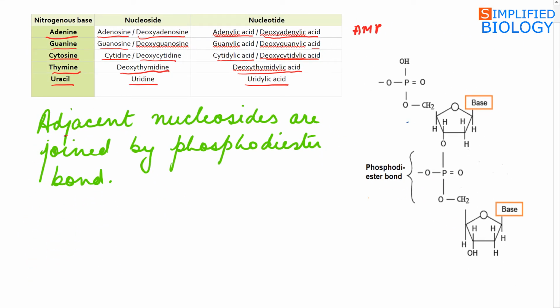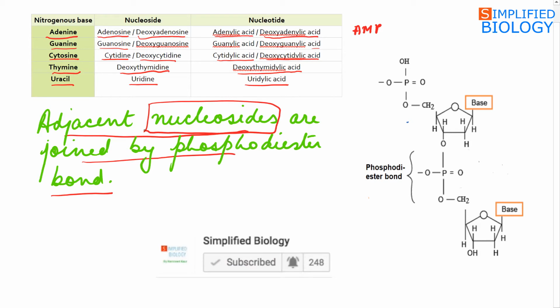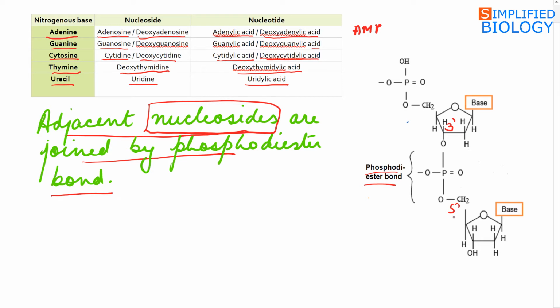Now, adjacent nucleotides are joined to each other by phosphodiester bonds, which are formed between the 3' carbon of one sugar and the 5' carbon of the other sugar.